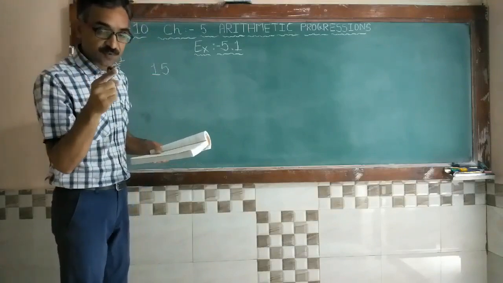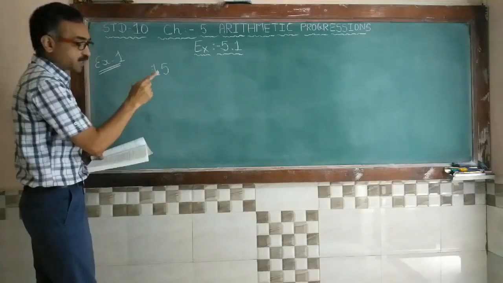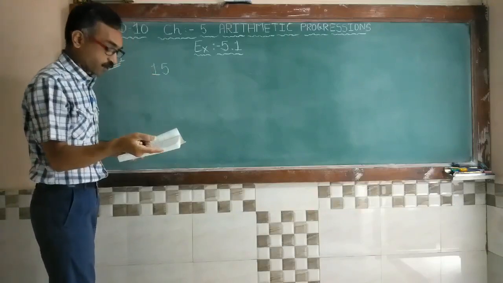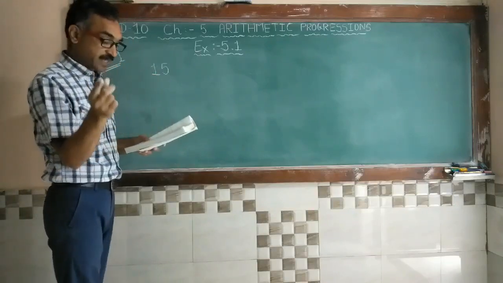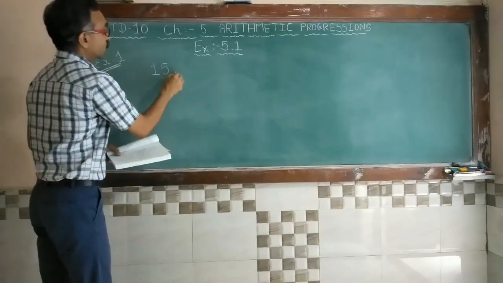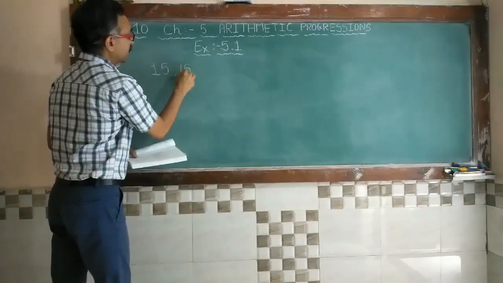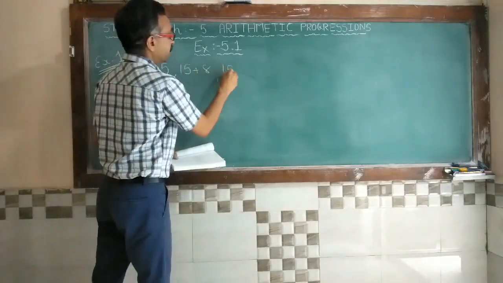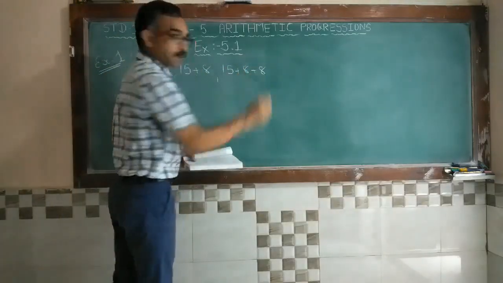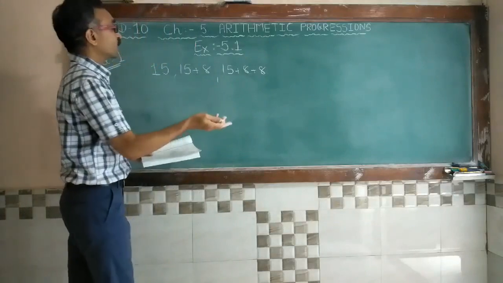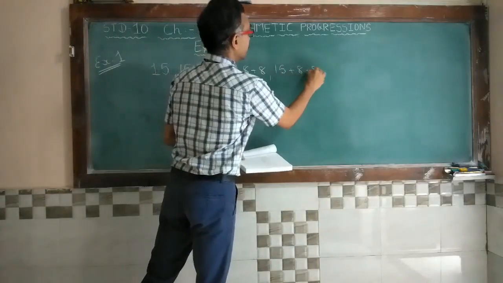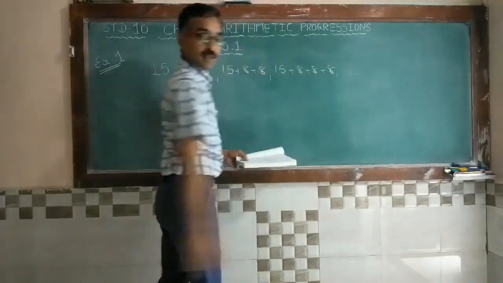Now your taxi fare for the first kilometer is rupees 15, and for the next, or additional, kilometer rupees 8 is there. So here 15 plus 8, then 15 plus 8 plus 8, then for the fourth kilometer 15 plus 8 plus 8 plus 8, and so on.